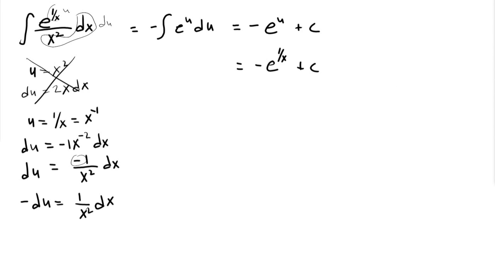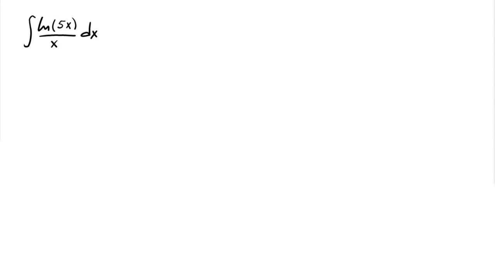Now I have one other to show you here, and that is this one. Now logarithms are a little different. One of the reasons logarithms are a little different is we don't have a way to take the antiderivative of a log. So if you have an integration problem that has a log in it, then that log has to be your u.